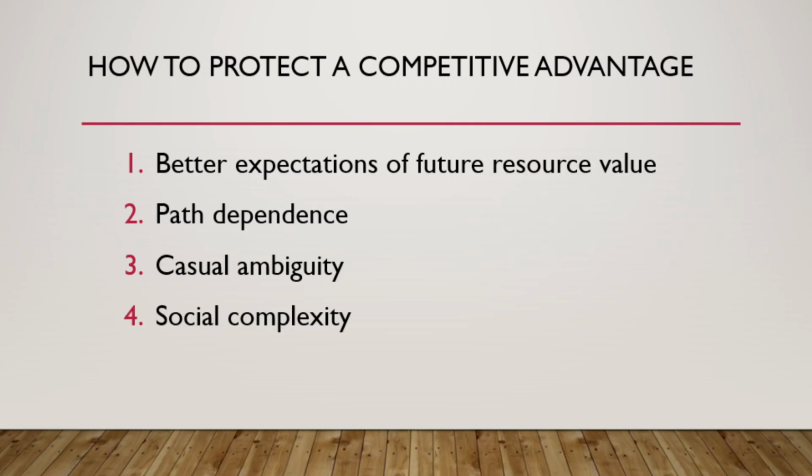Okay, so next is causal ambiguity. It describes a situation in which the cause and effect of a phenomenon are not readily apparent. Okay, so managers need to have some kind of understanding about causes for superior and inferior performance.